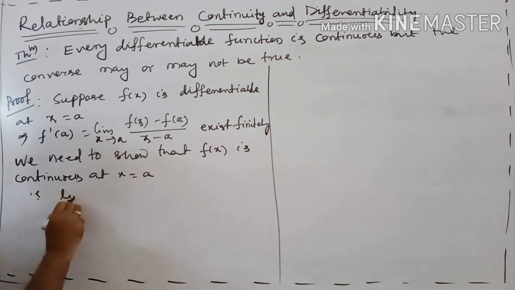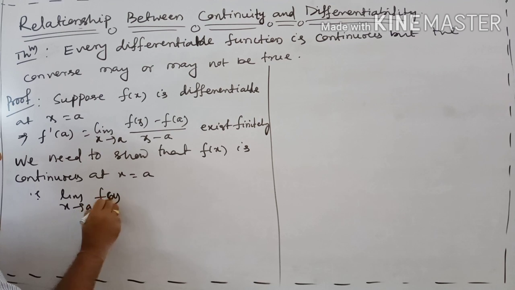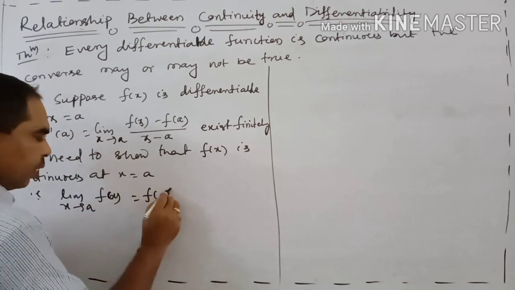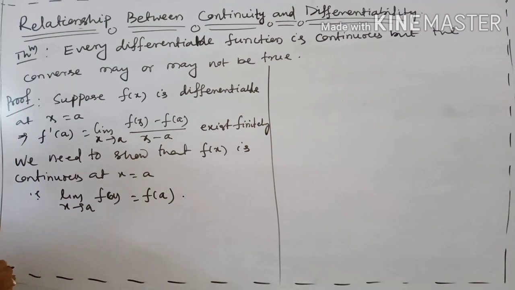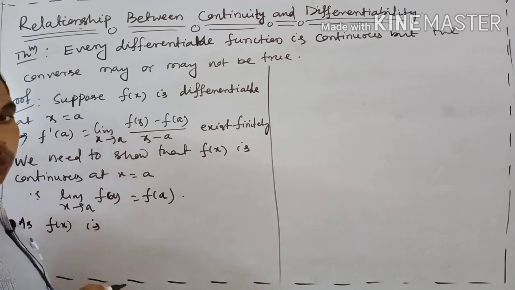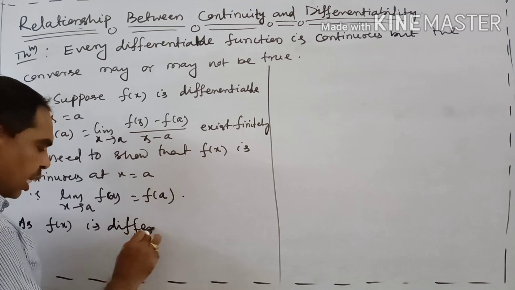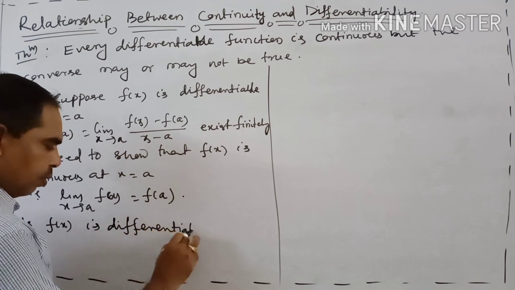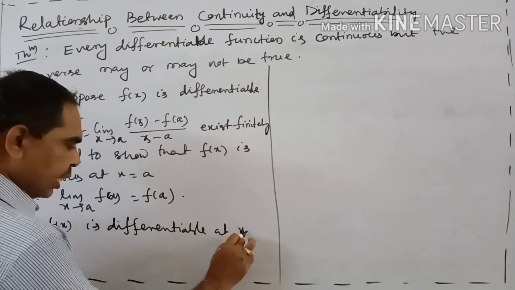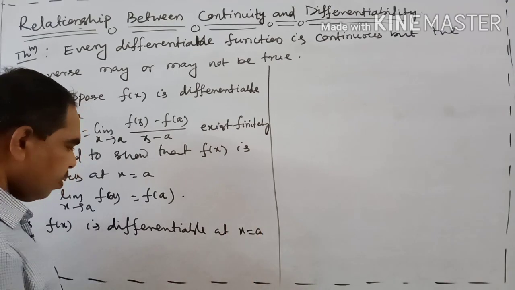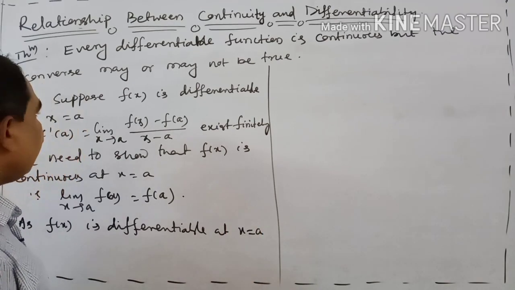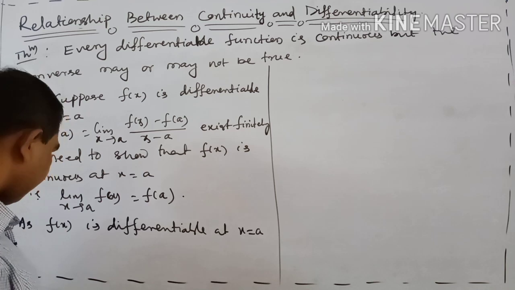That is, limit x tends to a, f x is equal to what? f of a. As f of x is differentiable at x is equal to a.